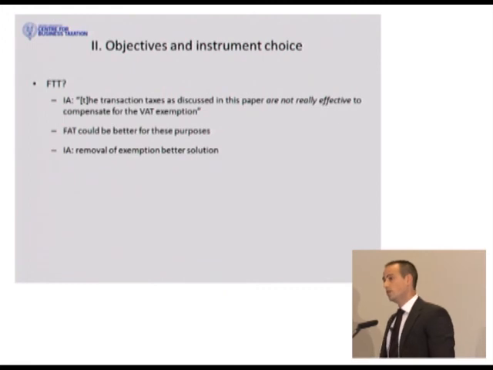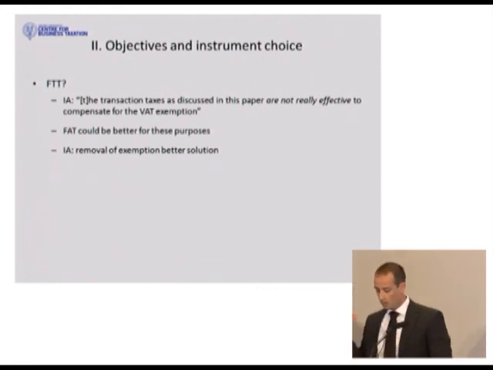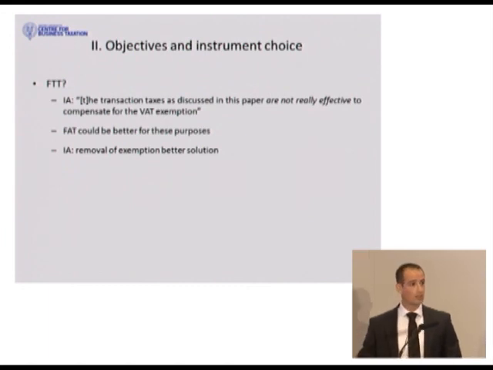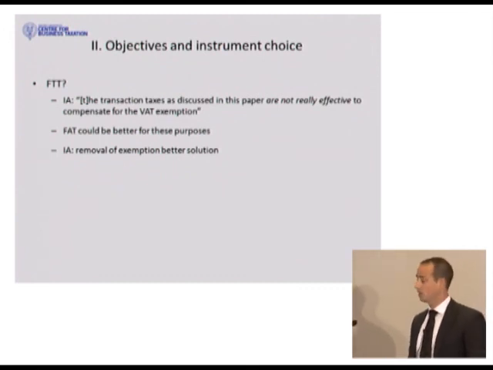Okay, so that's the first question: is the objective reasonable? Let's move to the second question. Let's assume that the financial sector is undertaxed because of this VAT exemption. Would the introduction of the FTT be the correct way to obtain this objective? And the answer is definitely no. The Commission itself in the impact assessment says the following: the transaction taxes, as discussed in this paper, are not really effective to compensate for the VAT exemption.